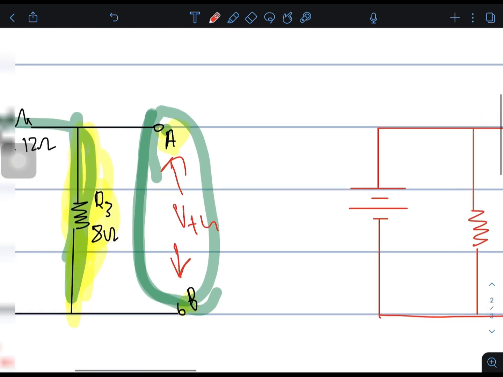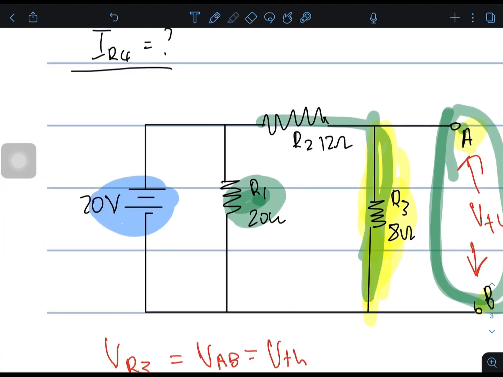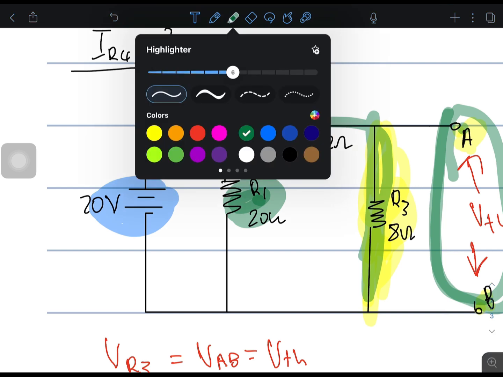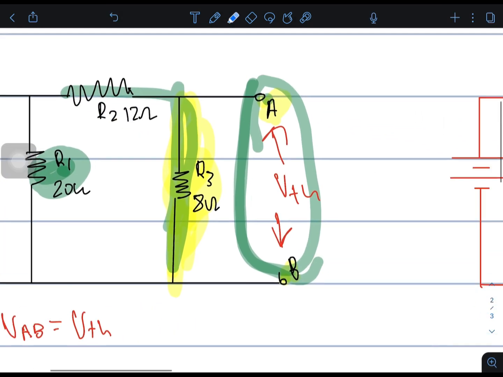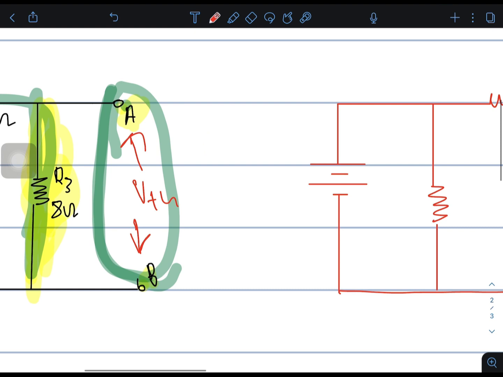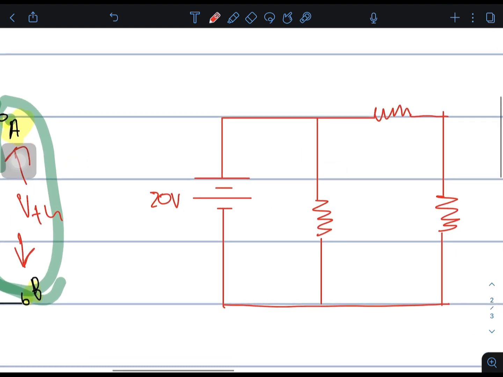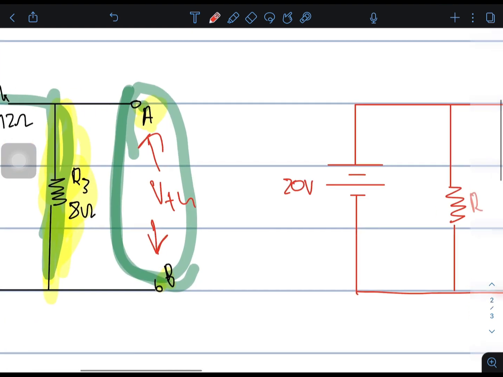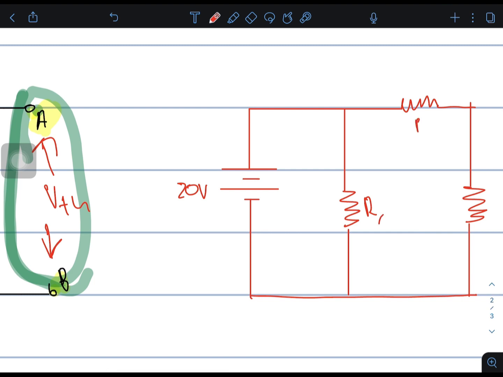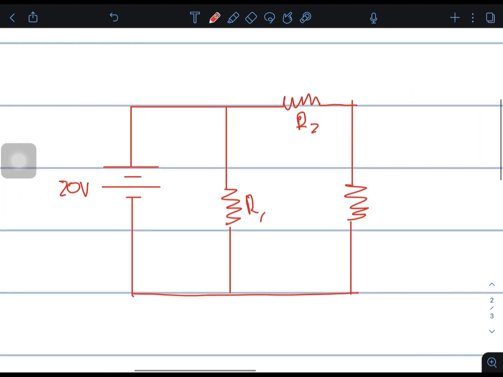This is how the circuit looks from the source's point of view. This is the 20 volts. This is R1. This is R2. This is R3. Now we want to find the voltage across R3.